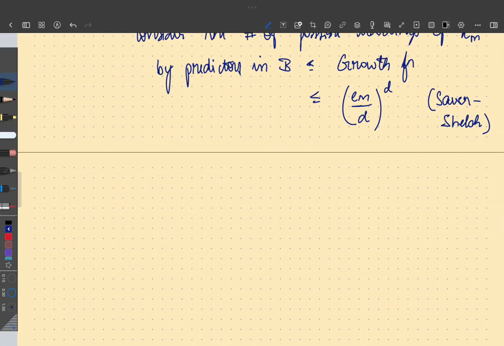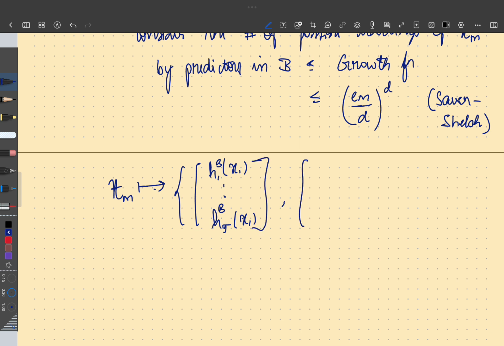So if I consider the map from x1 through xm to (h1(x1), up to hT(x1)), then (h1(x2), up to hT(x2)), and so on for the m different points, right?